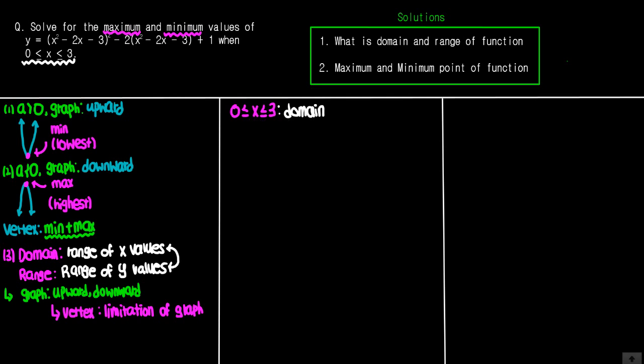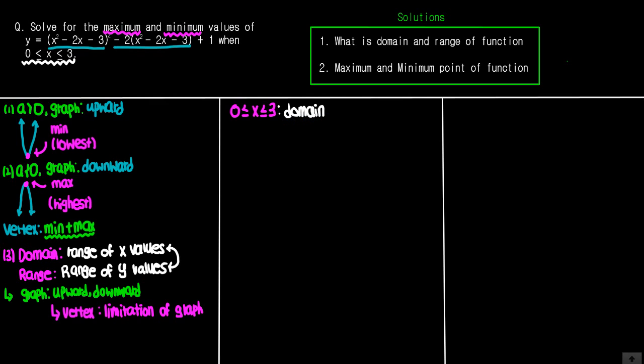So at first we need to apply this to our quadratic function. Our leading coefficient is positive 1, which means the graph will go upward, but we don't really care about the graph of this function when solving this question, because there is a limitation because of the domain of our function.